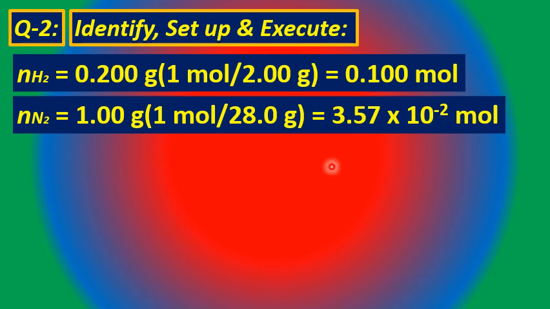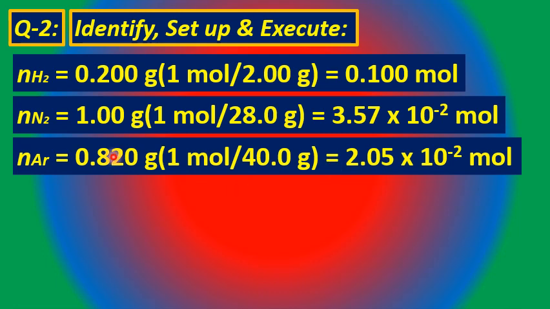And lastly, for the argon gas, whose given mass is 0.820 grams, dividing that by the atomic mass of argon, equal to 40.0 grams per mole, we get its mole equivalent equal to 2.05 times 10 to the negative 2 power mole.